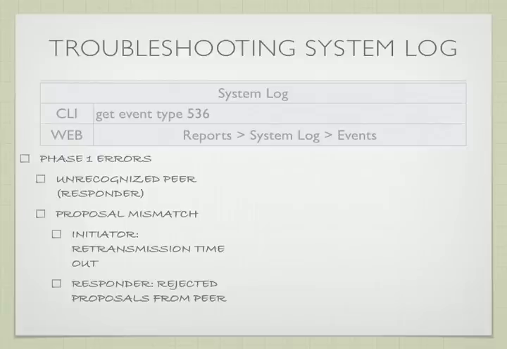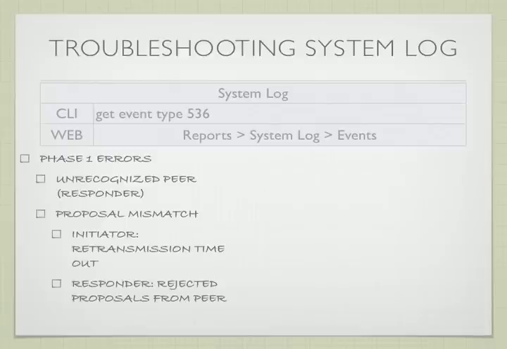So if you get a proposal that does not match anything in your configuration, you will log rejected proposal from peer, but you will not respond to it. So the initiator sees retransmission timeout. It's sending it, it's sending it, it's sending it, and it's not getting a response because the only response you get is an accept.